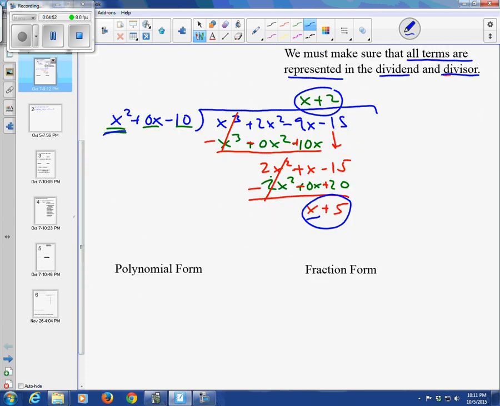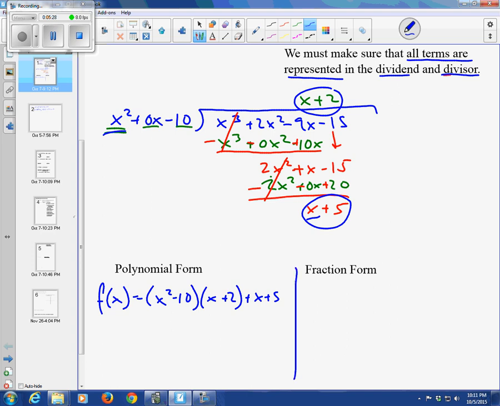We can represent it in polynomial form, which is going to basically recreate the polynomial f of x by representing it as a multiplication of the divisor, x squared minus 10, times the quotient, x plus 2, and then plus the remainder, which is x plus 5. So right here what we're saying is if we multiplied our divisor and our quotient and added our remainder, we would get back to our original polynomial f of x.